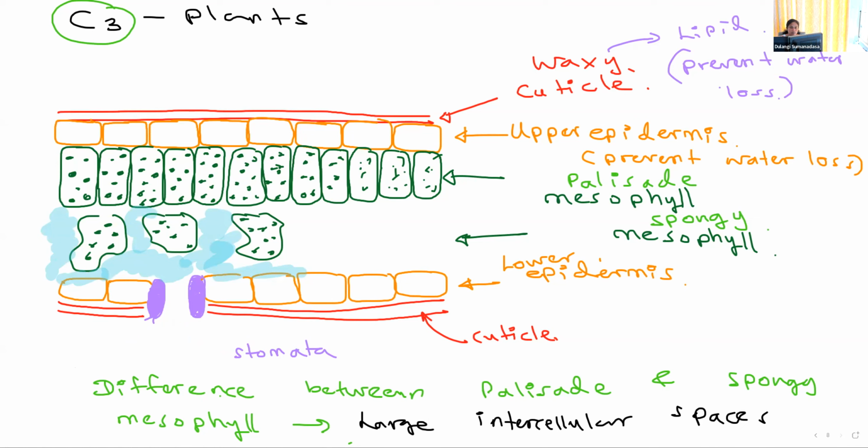So once the carbon dioxide comes in, there has to be a space to store it. Or once oxygen is produced, there has to be a place to keep the oxygen. So there have to be pockets to keep the oxygen and carbon dioxide. So the C3 plants will have spongy mesophyll with a lot of intercellular spaces, right? Intercellular spaces are the air pockets.